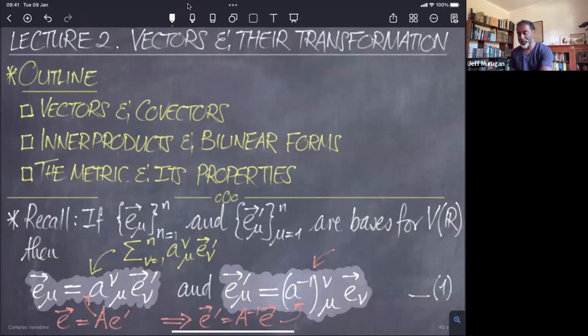So the E mu, I'm expanding the E mu's in terms of the E mu primes. They expand with the matrix A. If I invert this relation, I can write the primed basis in terms of the non-primed basis, but it comes with the inverse of the matrix A. So that's how the basis vectors transform. Is everybody with me?